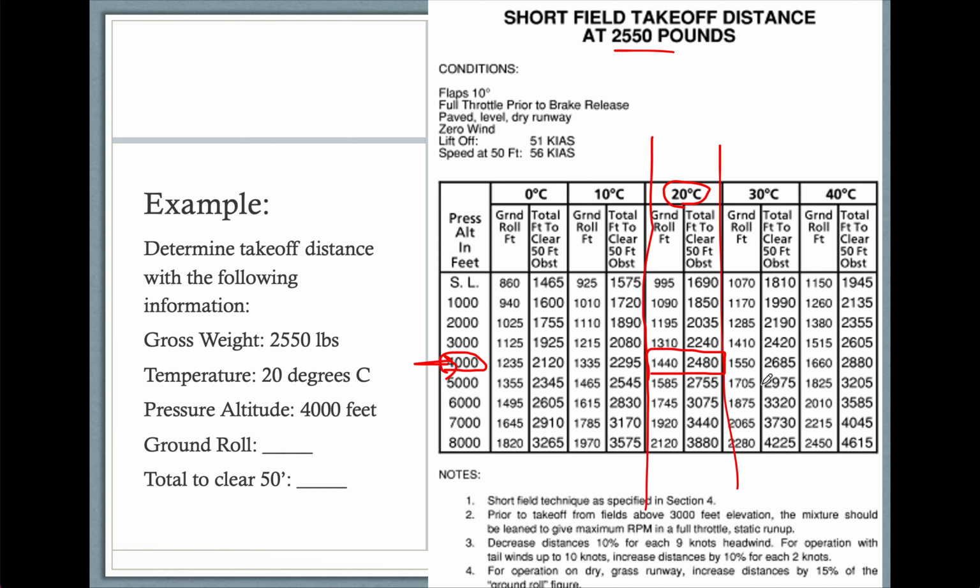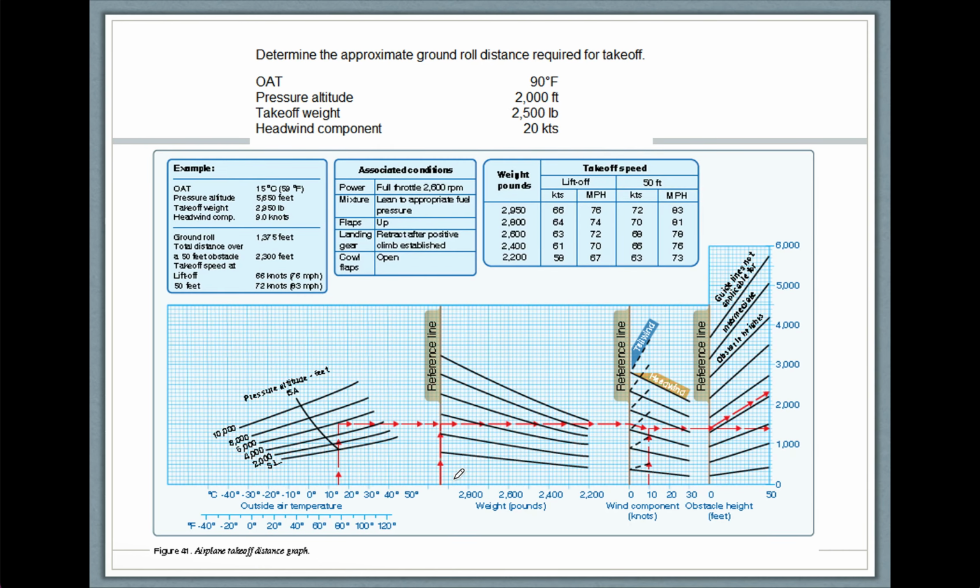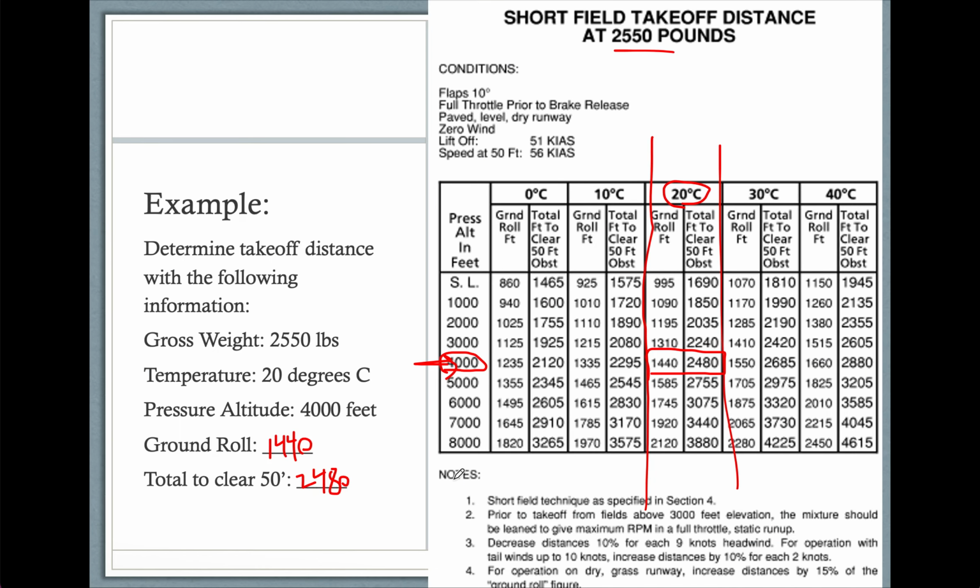Now, in this example, I don't have to add or subtract any distance, because I didn't talk about wind. The winds are calm in this one, and we're not on grass or anything like that. So without any other variables, our ground roll is going to be 1,440, and our 50 foot is going to be 2,480. So there's your one example for this one.